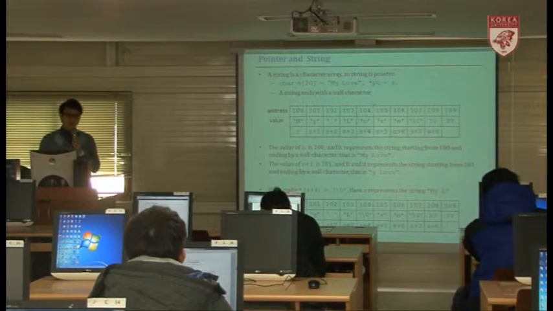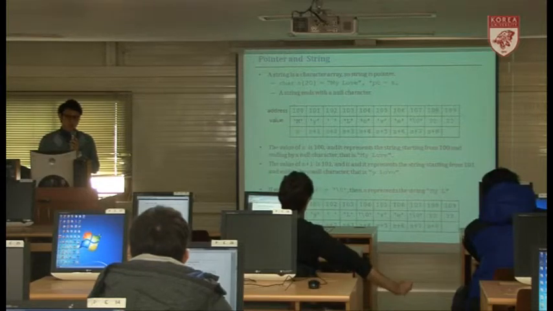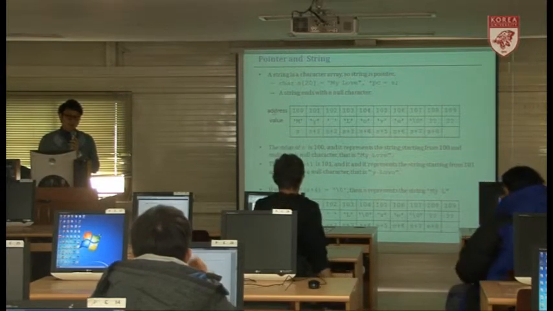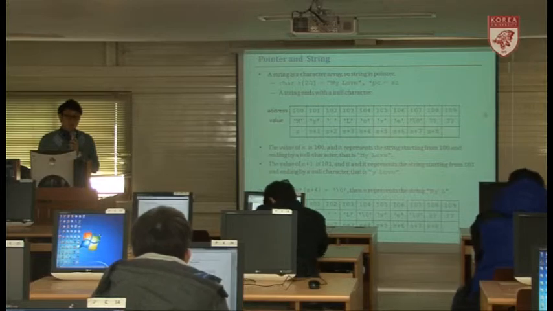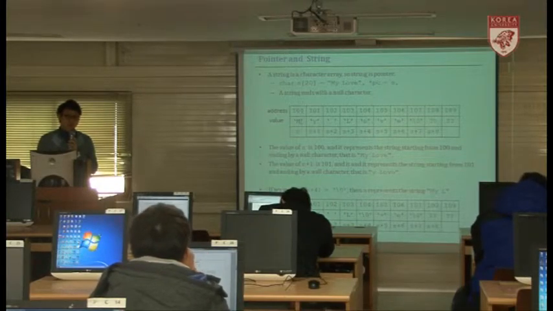Then let's think about, because this character array takes 20 rooms in the memory space, and let's think the first room's address is 100. Then starting with 100, 101, 102, and so on, the character array is divided over this space, right? In the first room, whose address is 100, a capital M is stored.